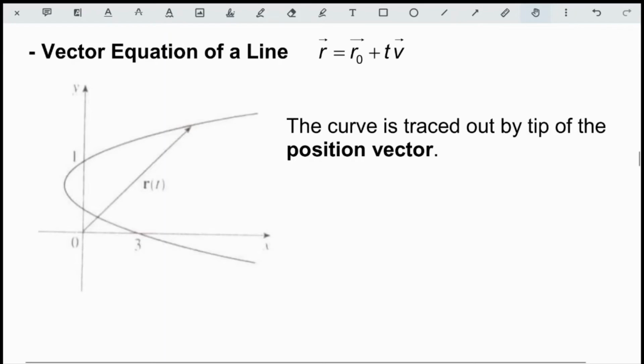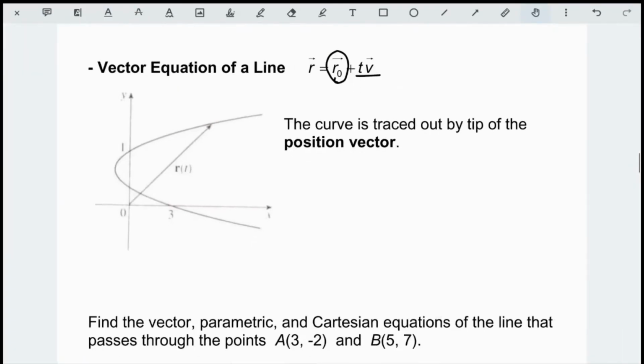So what the equation of the line represents is, for any value of our parameter, where does the vector from the origin point, and that takes us to that position. In this case, you can see our vector equation of our line, r is equal to the initial vector, that's like our initial value, plus t times v, where v is our direction vector. We're going to find the equation of a line here in a second, but that's just a reminder of how that works.